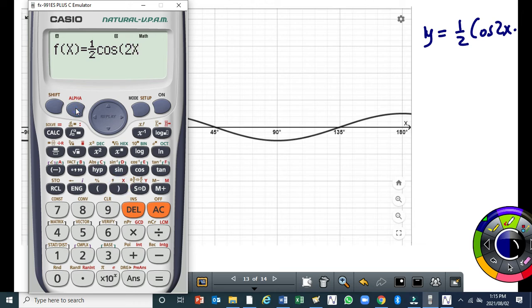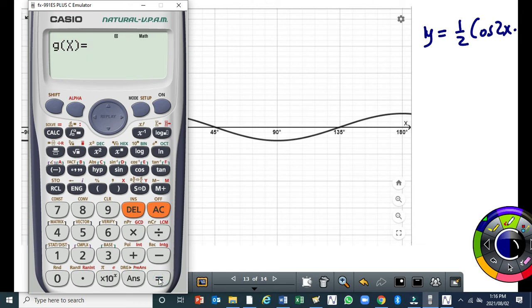When you close the bracket, yes. For this graph, the period is 180. Alright, so that's how we're supposed to put the equation.